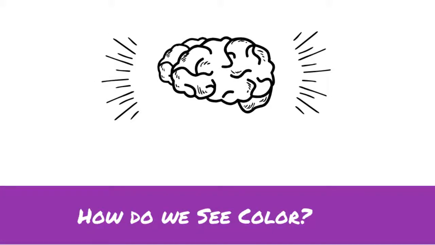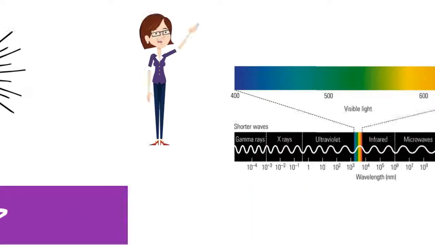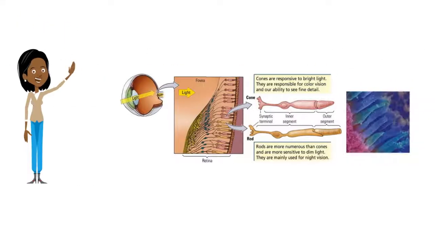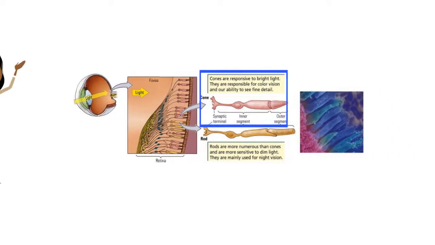In this video, we're going to talk about how the visual system processes color. What we perceive as different colors or hues are really different wavelengths of light. This process begins in the retina, and the photoreceptors in the retina that are responsive to color are called cones.